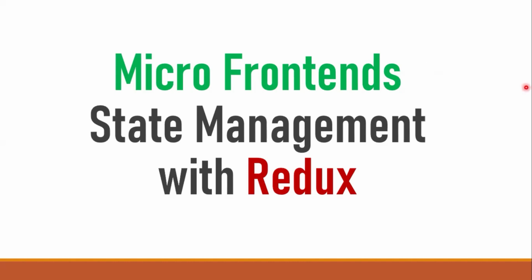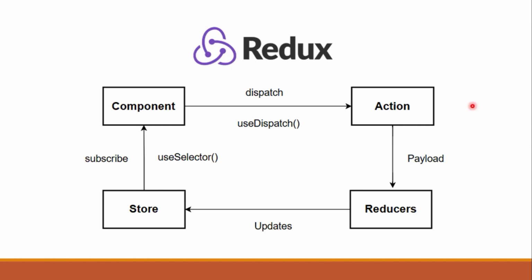Redux is a JavaScript library used for managing the application state. Primarily, it is known for its predictable state updates through a single store. That store is updated by dispatching an action from the component, and that action is processed by a reducer.